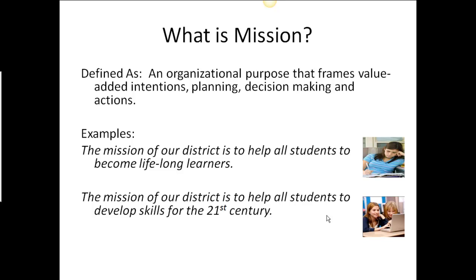Another example might be, your mission might say something like this: the mission of our district is to help all students to develop skills for the 21st century. Again, with a value-added component to that, you would begin to examine your mission in order to understand instruction. Do we have value-added components going on in instruction that actually help students to develop skills for the 21st century?